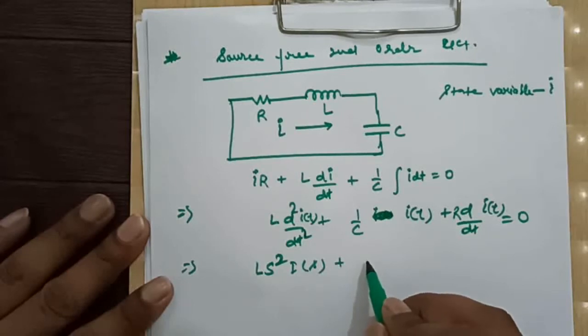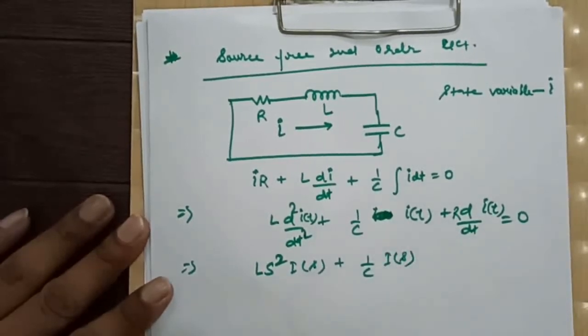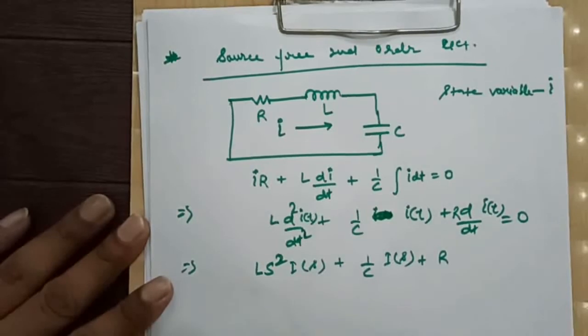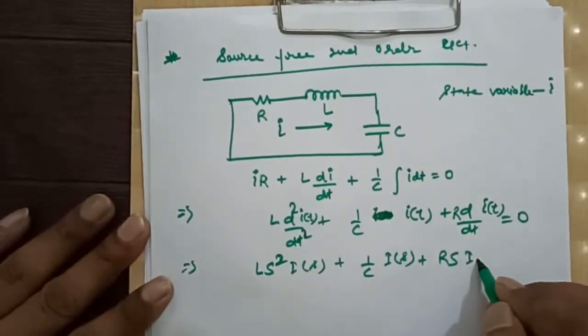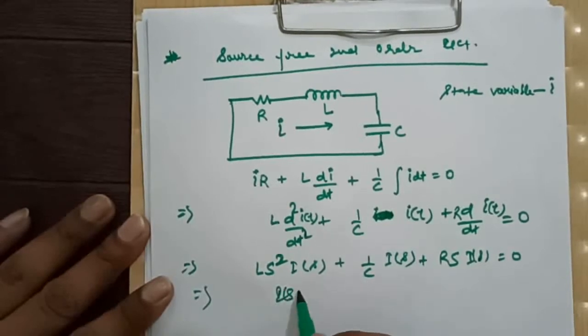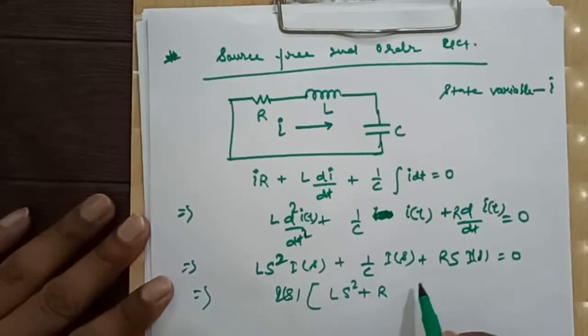This will be 1 by C into the Laplace transform of I(t), which is I(s), plus R times s into I(s) is equal to 0. Taking I(s) as common, we will have L s square plus R s plus 1 by C is equal to 0.